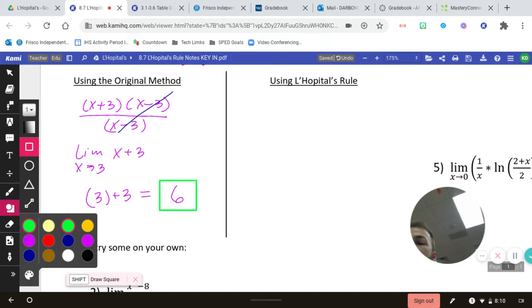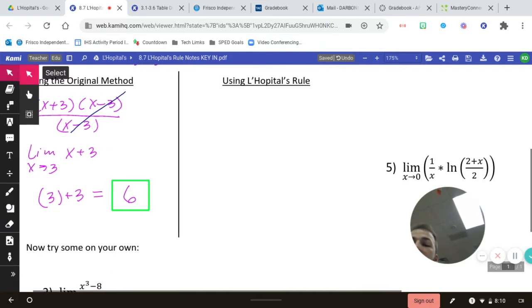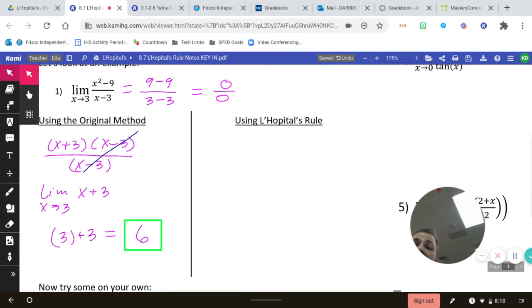Okay, not too terrible. Using L'Hopital's rule, we can actually get the exact same answer. While for this simpler example it's probably going to be the same amount of steps, in the future it will save us a lot of time, because not all functions are so easy to factor and cancel and simplify, but you can always use L'Hopital's if you get an indeterminate form.